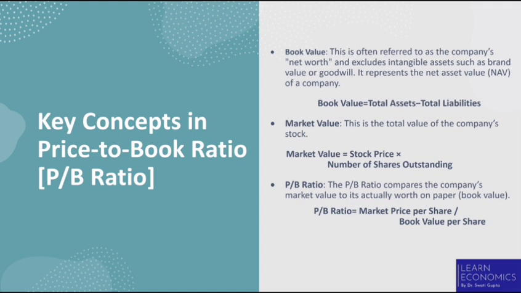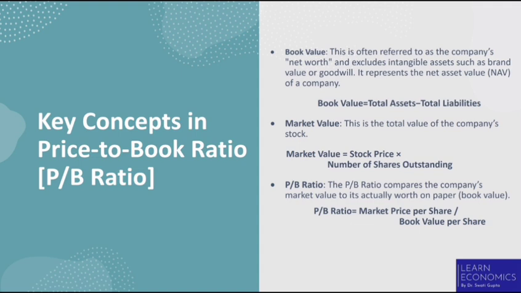If PB ratio is less than 1, the stock is trading for less than the company's net worth. It could mean the stock is undervalued or the company has problems like poor profitability or bad management. If PB ratio is equal to 1, it means the stock is valued exactly at its net worth.